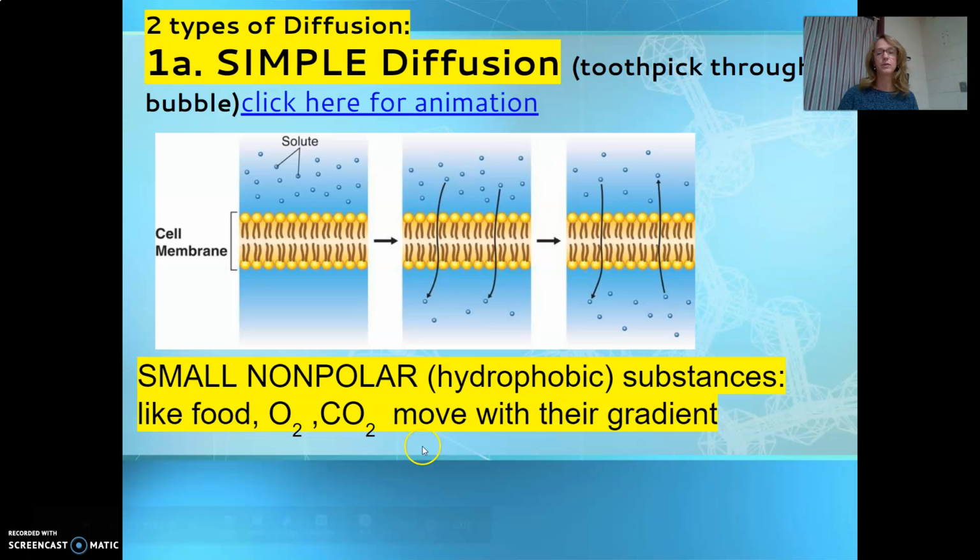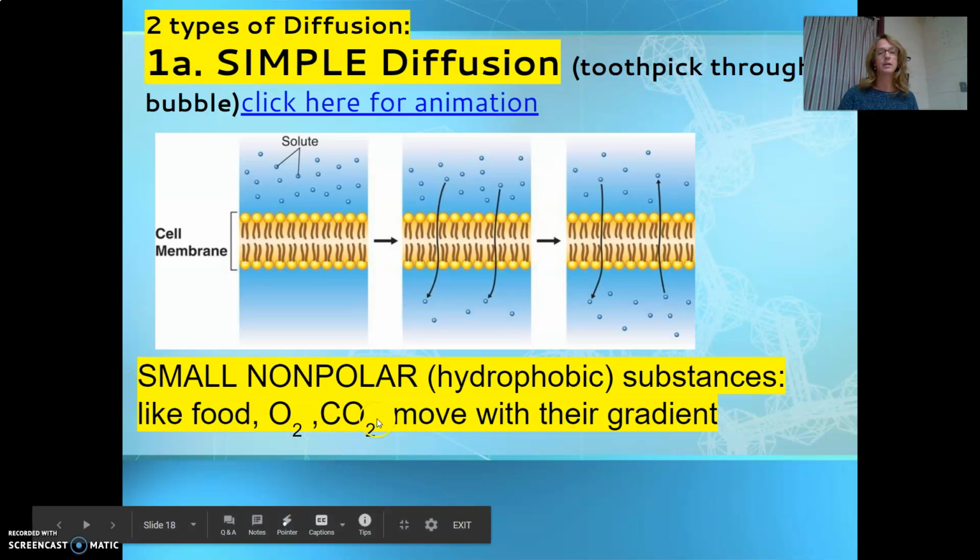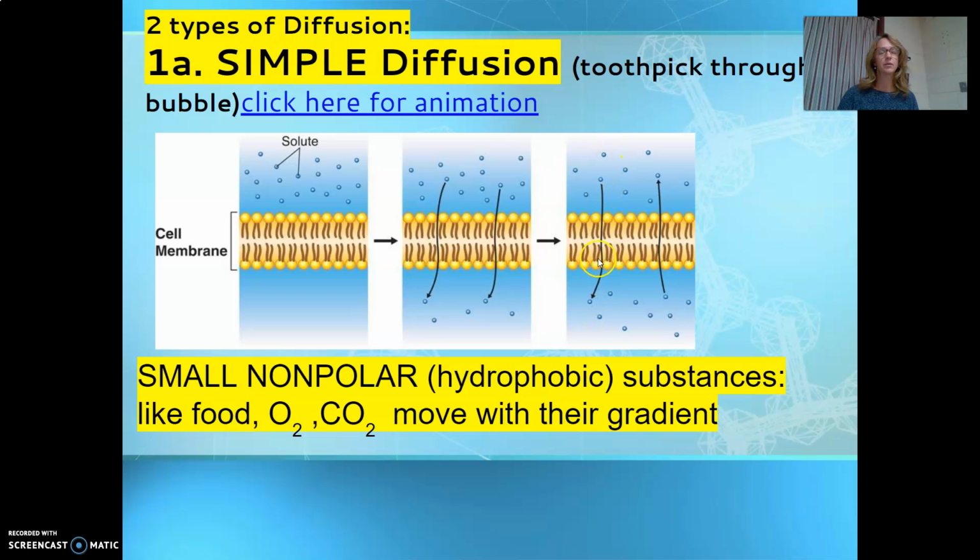But things like food, oxygen, carbon dioxide do not have a charge on them, so this oily membrane lets them slide right through. So in order for simple diffusion to take place, you have 2 requirements. You have to be tiny, like a gas, and you cannot have a charge. Okay, if you are charged or fat, you don't get to go through the membrane because number 1, you can't fit, and number 2, this non-polar lipid membrane will kick you back out.